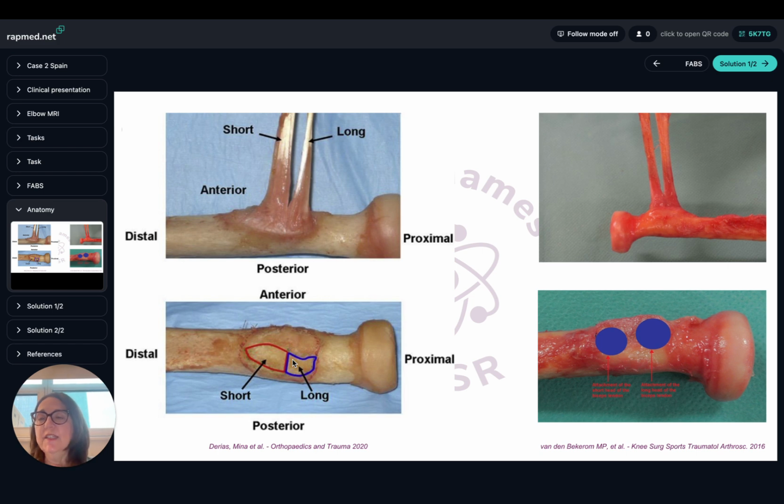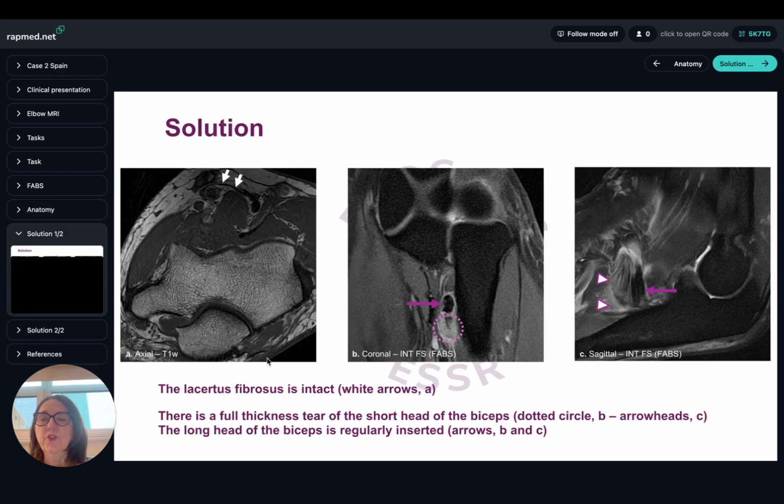So for these isolated injuries, as in our case of the short head of the biceps tendon at its distal insertion, they do a special surgery that has a much better prognosis than if we have a complete tear, where they have to do a more complex surgery, with more complications, heterotopic calcification, and risk of rupture. So remember, the solution is that the lacertus fibrosus is intact.